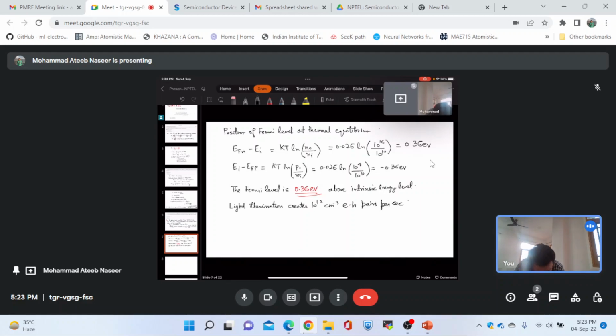So we will assume that the steady state has been achieved.